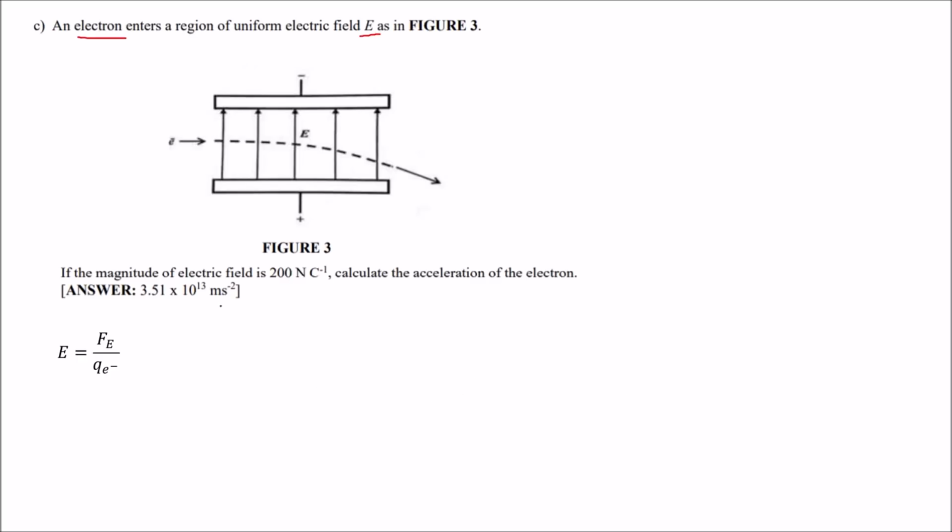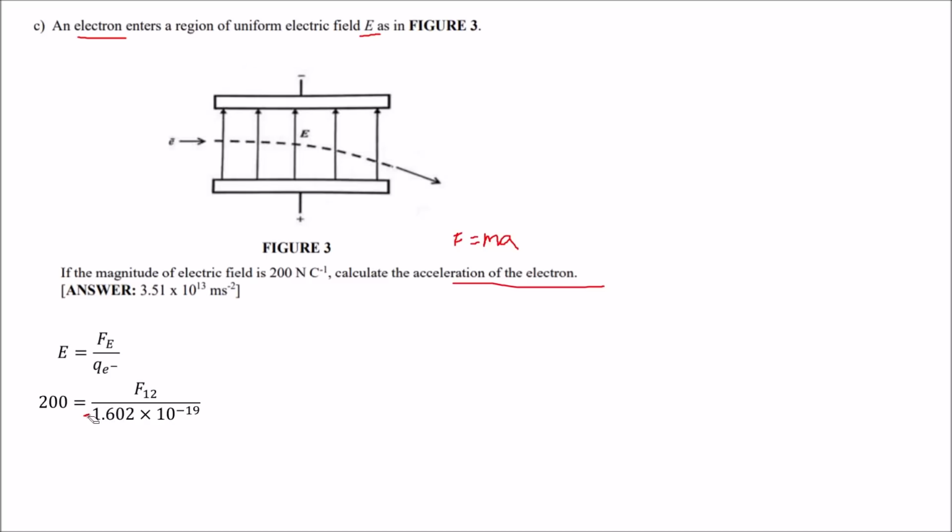Now we want to calculate the acceleration of the electron. Acceleration, as we all know, is related to force. We have to find the force acting on the electron. So we use the formula. The electric field will be 200, and the charge of an electron should have a negative sign, but now we're just calculating the magnitude of the force.